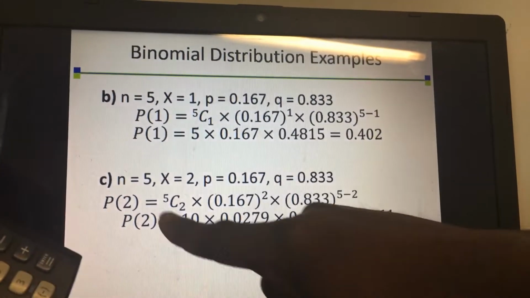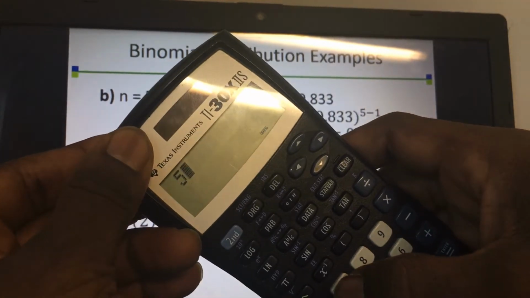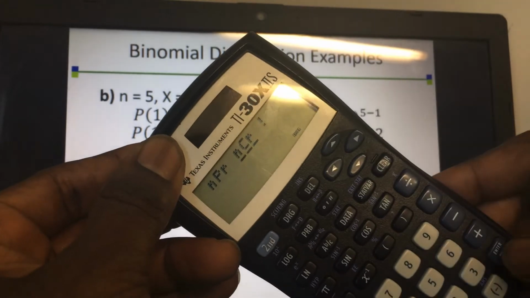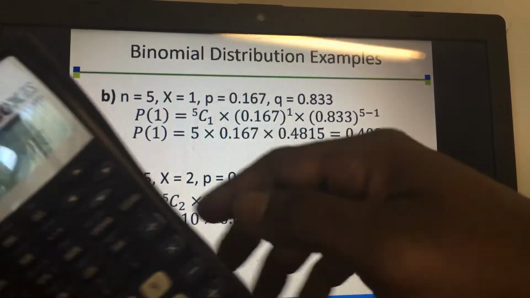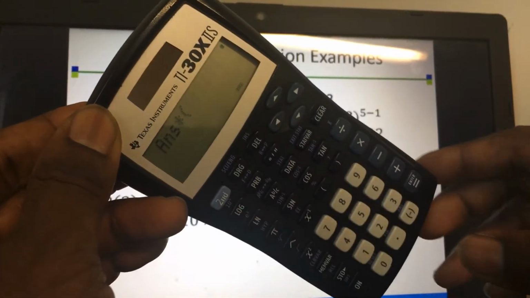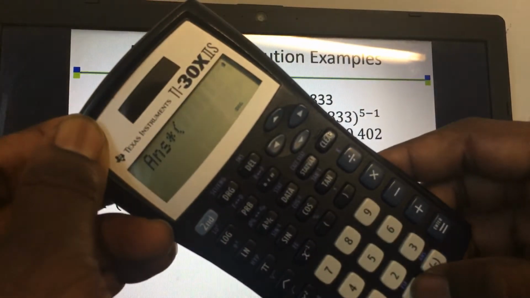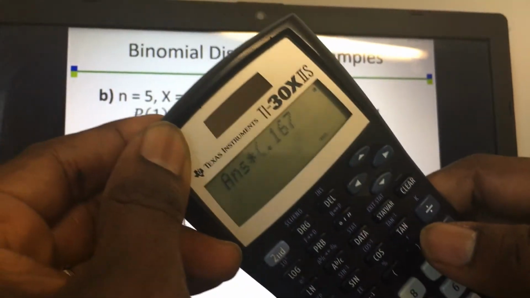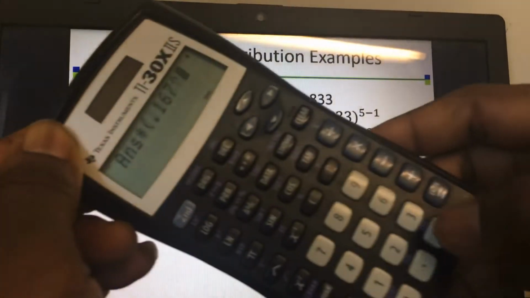So you can see, plug it in. 5 combination 2, PRB, combination 2, equals 10. Then times, in parentheses, 0.167 raised to the power 2.